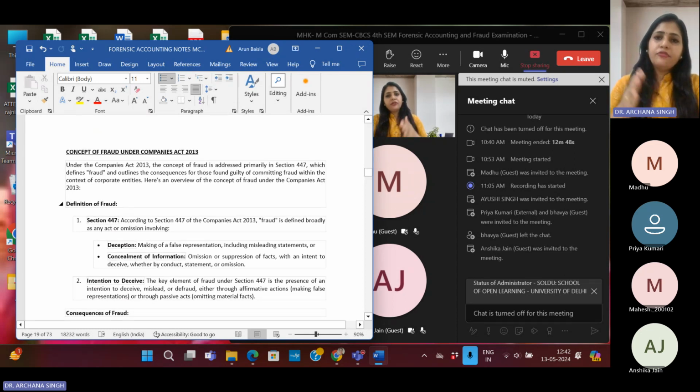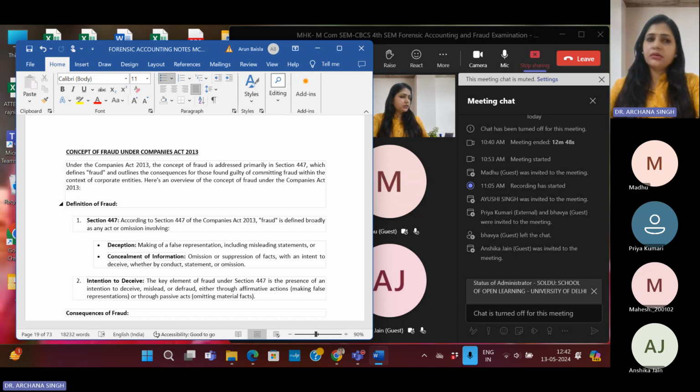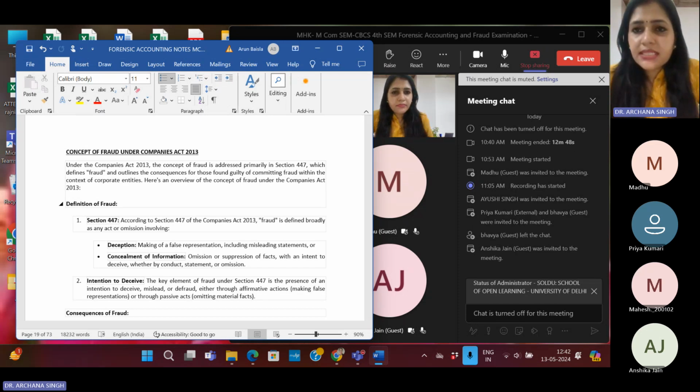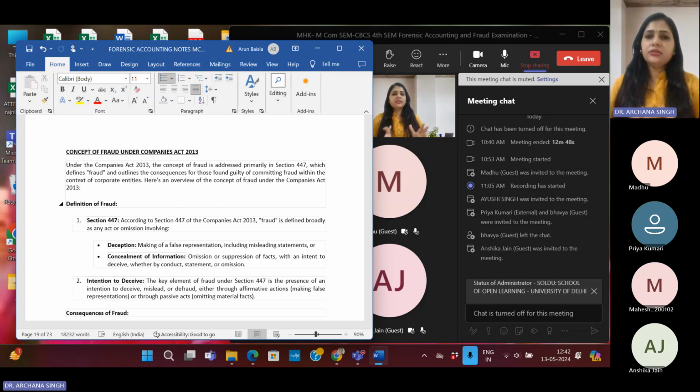And now, the concept of fraud under the Companies Act 2013. What is the concept of fraud in the Companies Act 2013? How has it defined it? Under the Companies Act 2013, the concept of fraud is addressed primarily in section 447.